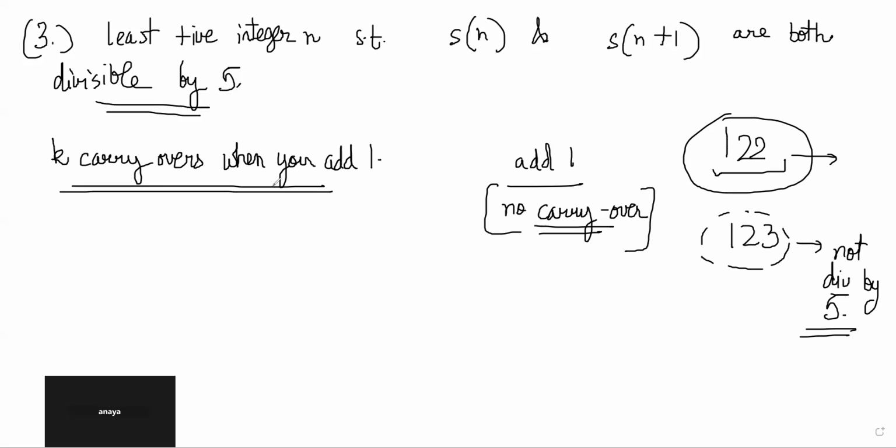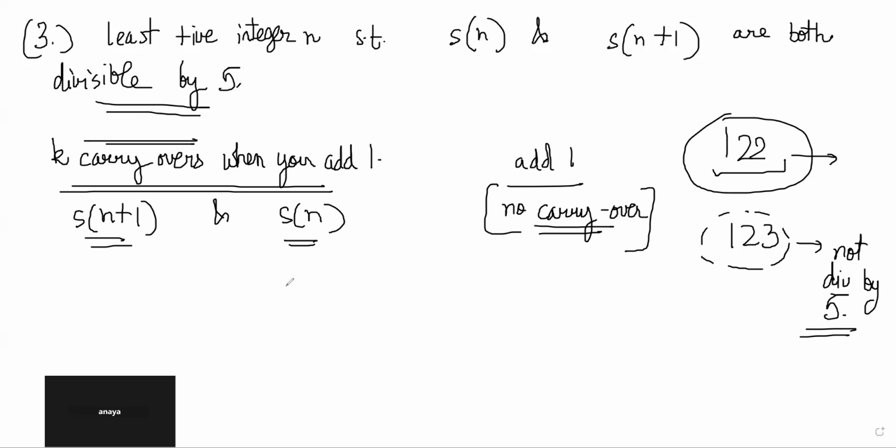Basically, now we have to get a relationship between sum of the digits of n+1 and sum of the digits of n if there are k carryovers happening, right? So, for example, when will k carryovers happen? When you just add a 1, a carryover happens if the last digit was 9, right?